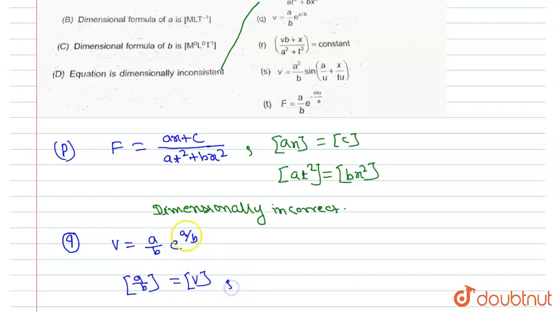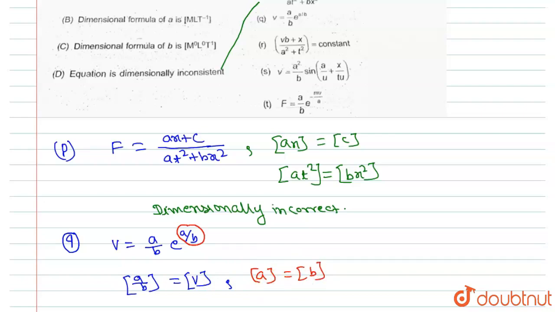From here we can see that a by b is dimensionless. This means the dimension of a should be equal to the dimension of b.